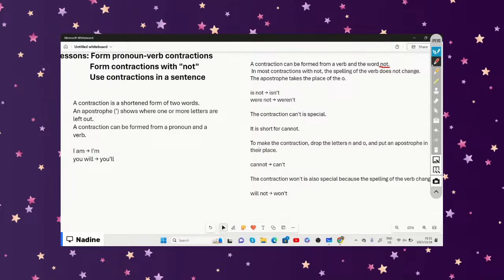So is not, was not, cannot, will not, right? So which means that contractions can also be formed from a verb and the word not. And like I said, for example, is not, cannot, will not, right? So we can also form our contractions from there.